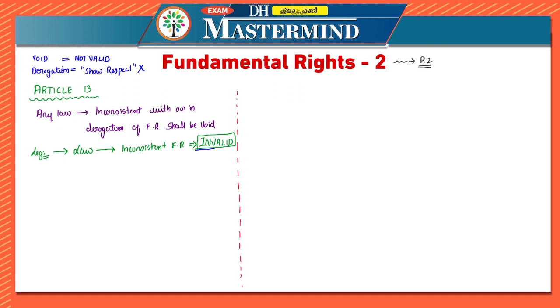Now who will say it is invalid? That right has been conferred on courts. One is the Supreme Court, under Article 32, they can declare it as invalid, and also the High Court, under Article 226.